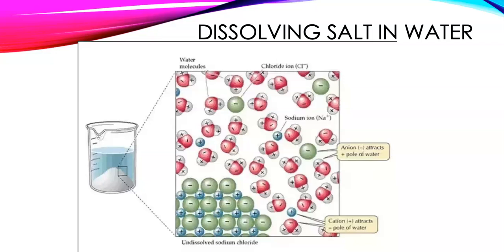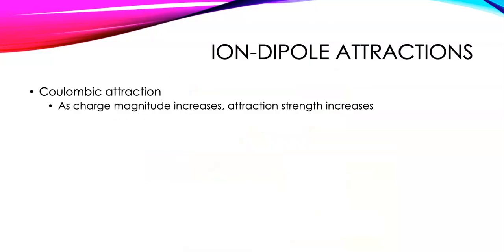So what happens is when salt is dissolving in water, the water molecules are colliding with the ions at the edge of the crystal, and they surround them and they go into solution. But again, noticing that the partially positive ends of the water molecules are attracted to the anions, and the partially negative oxygen atoms of the water molecules are closer to the cations. So just knowing that, you should be able to sketch that, okay?